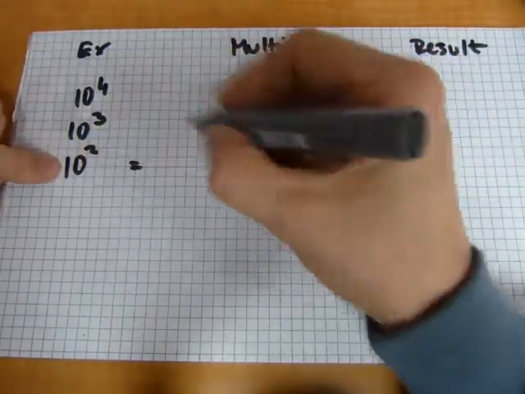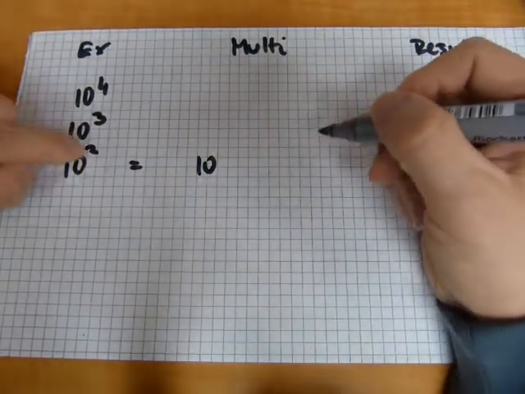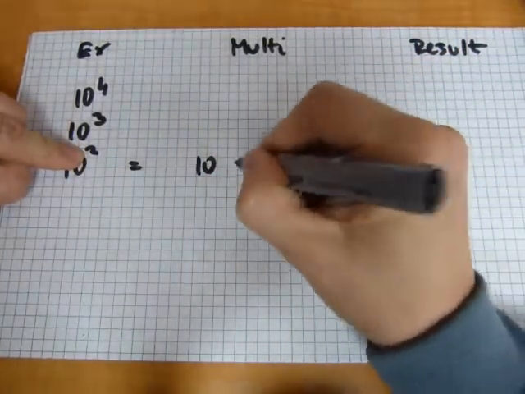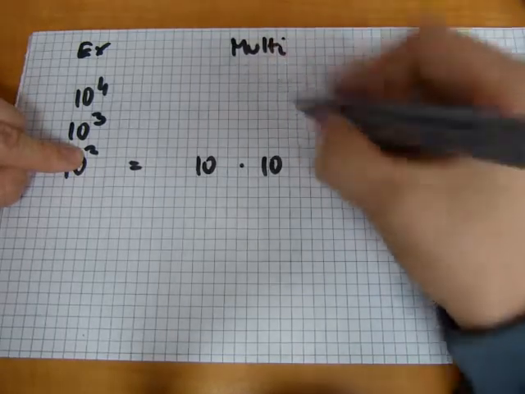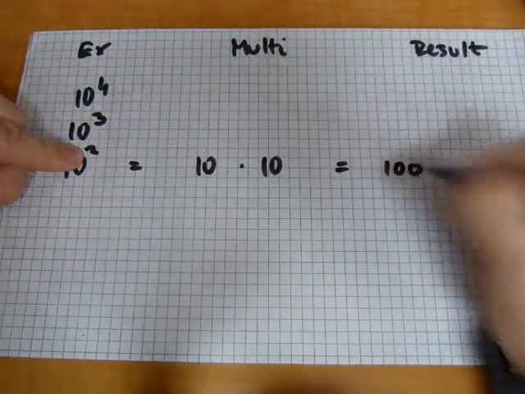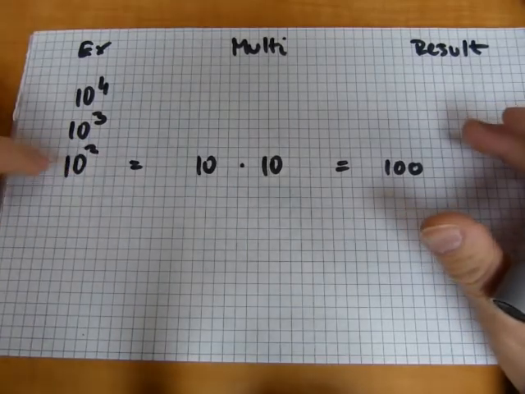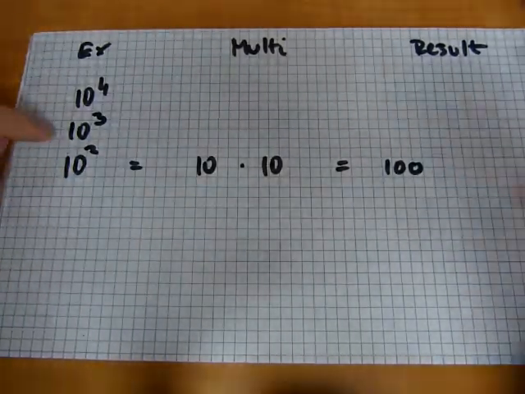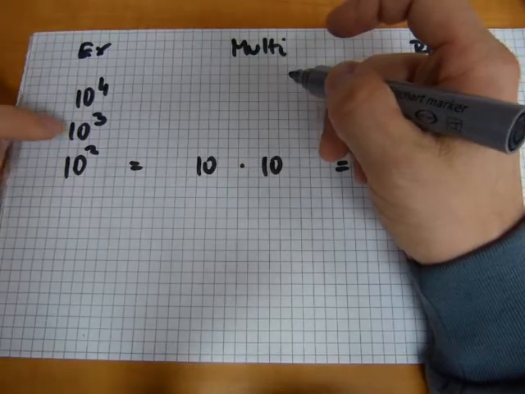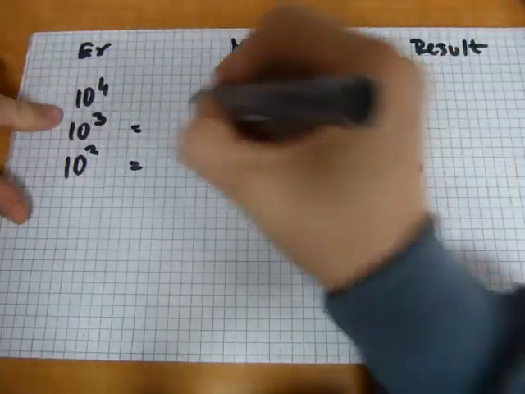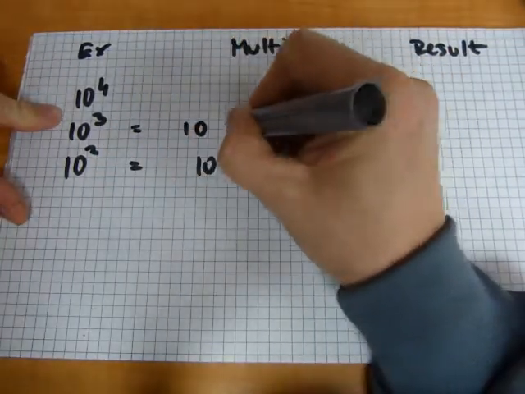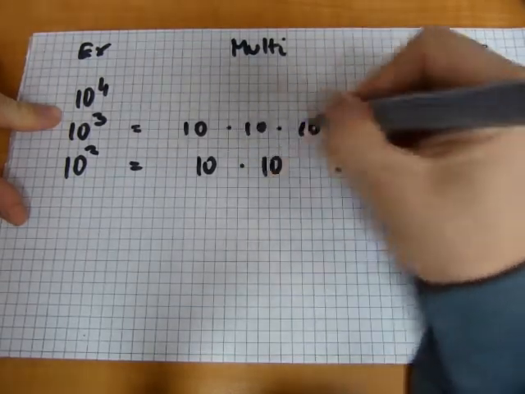In multiplicative expanded form, this means that you write down the base, 10, 2 times, and you multiply it by itself. And of course 10 by 10 is 100. It's not 20, it's not 10 by 2, it's 10 by 10. 10 to the power of 3 will be the base written down 3 times and multiplied by itself.